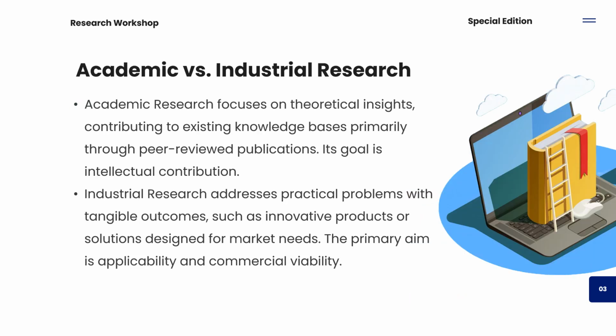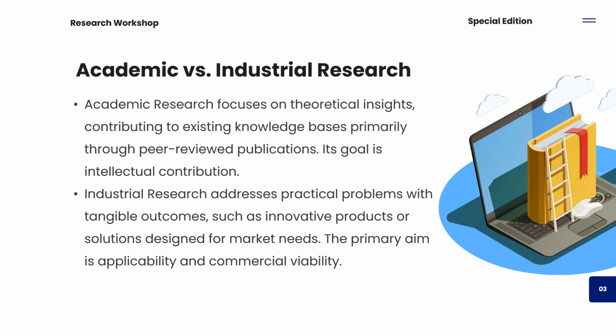And of course, there are different types of research. When you talk about research, it can be in different formats or forms. It can be in academic form, it can be in industrial form. We have a lot more, but I'm just limiting to these two because of the scope, because of the population I have here. So academic and industrial.